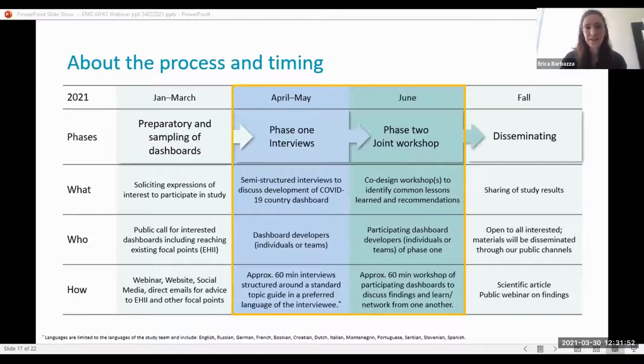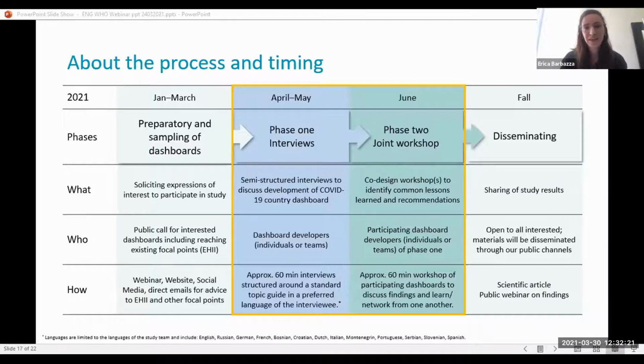The next phase begins with the interviews, where members of our study team will be meeting bilaterally with the different developers in 60-minute interviews to discuss with the teams. And we have a team of about 8 different researchers, and together span 13 different languages. So we're really hoping we're able to connect with as many teams as possible and engage across the region in this process.